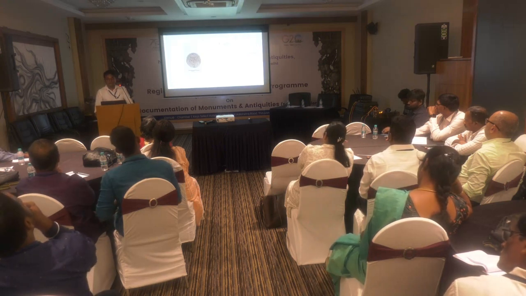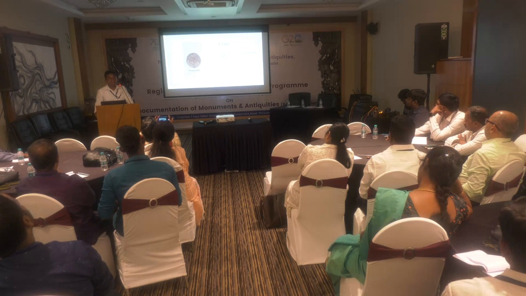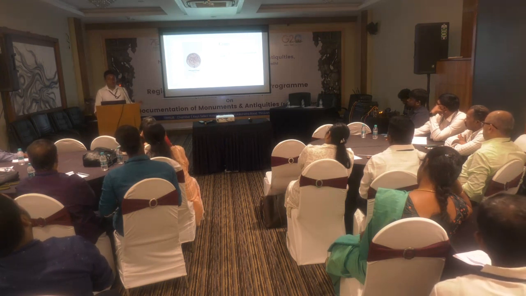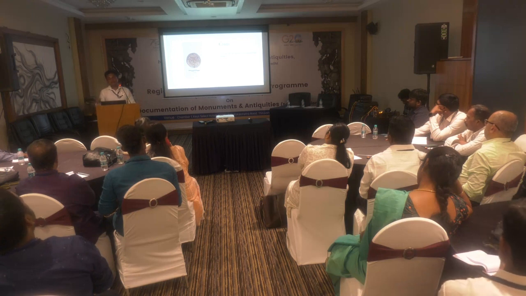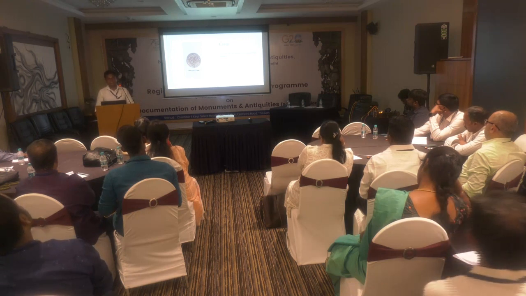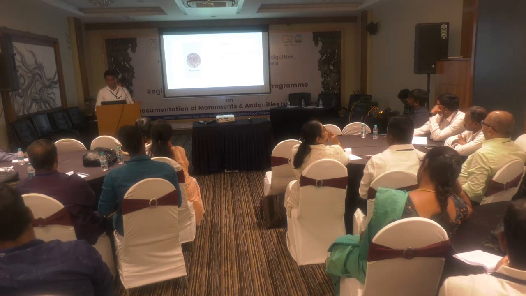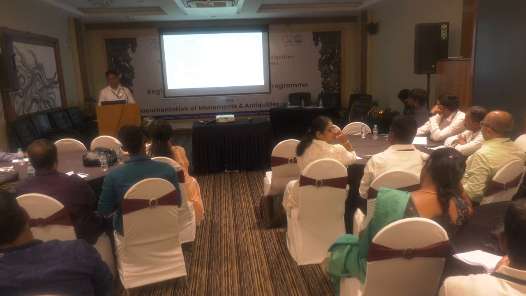Then if we document a coin, weight is compulsory, so we should write the weight in that particular column, and the coin diameter. If it is a square coin, it depends on the coin also, but weight is compulsory for the documentation of coins.